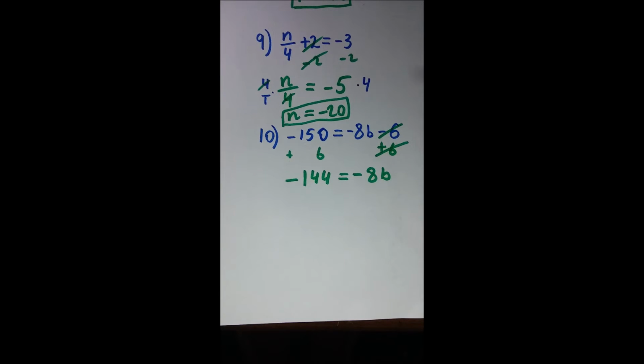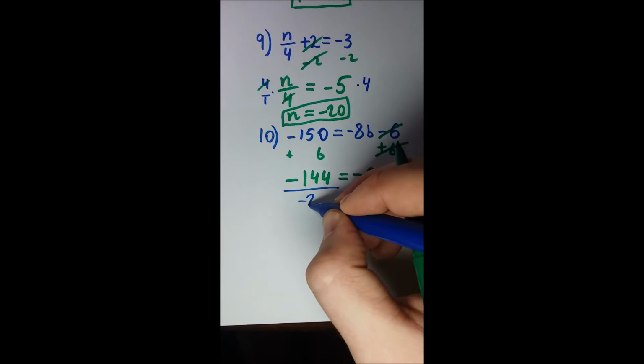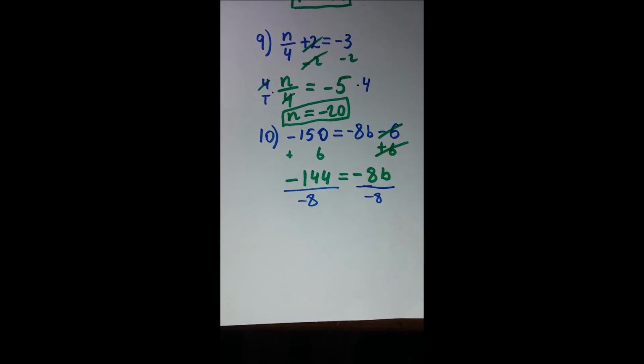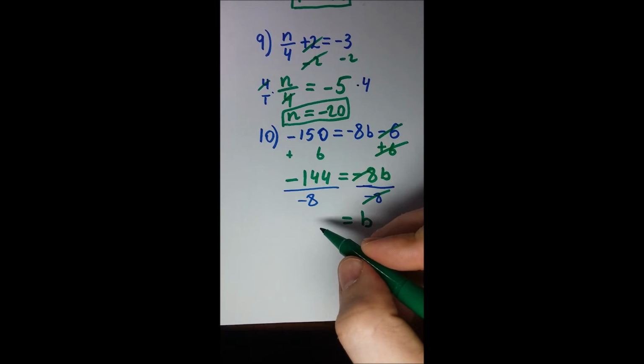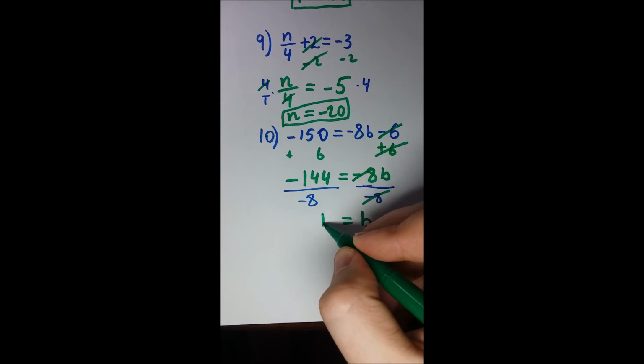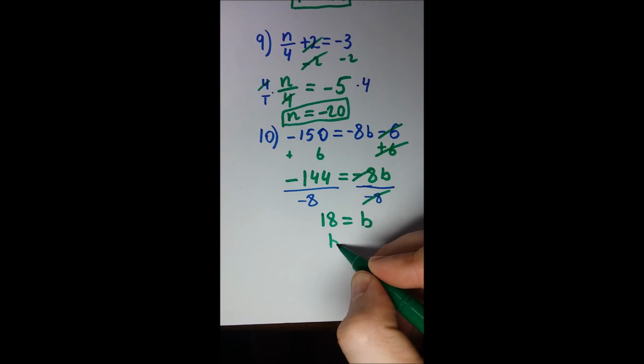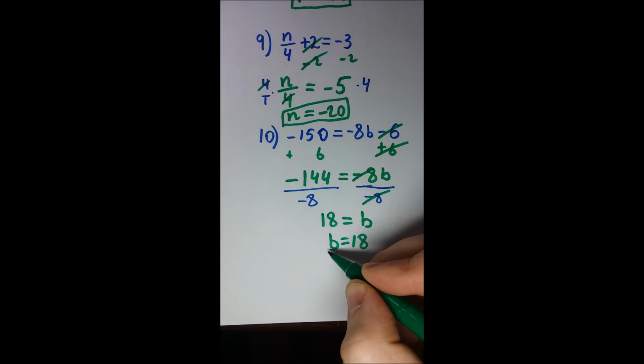And the next step is divide both sides by negative 8. You're looking at these two cancel out, equals b, 18. So b equals 18.